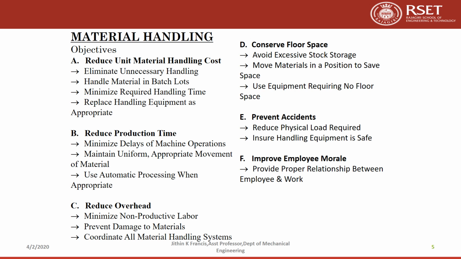Then, if you reduce some production time, definitely it can contribute towards the reduction of overhead. While using a material handling equipment, the non-productive labor can be made productive. It can also prevent the damage of materials if you use a well coordinated material handling system.